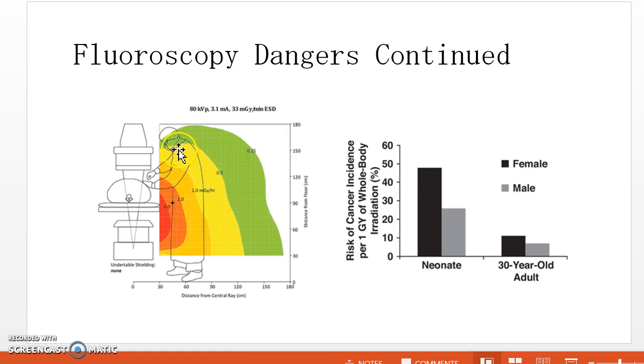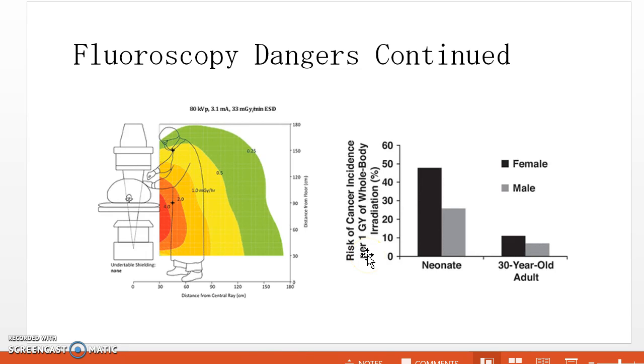So this is where the full body lead protection, what I was talking about in the earlier slide, would come in handy, protecting us against the radiation. So even though the beam is pointing down, it can jump off and become scatter radiation, and I believe this is what it's referring to.